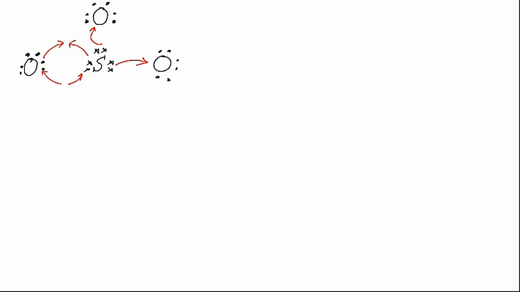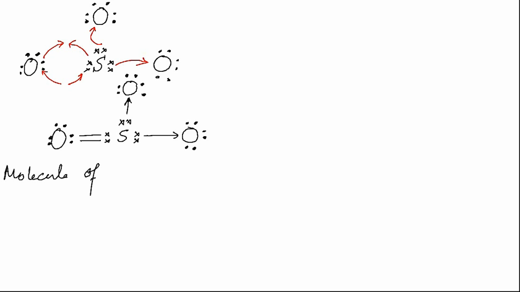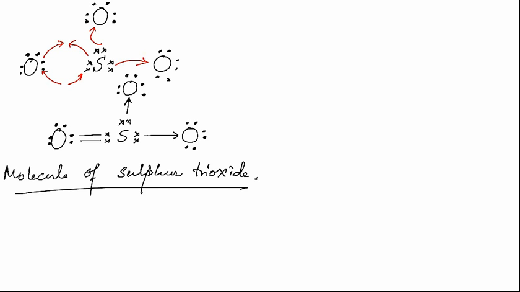So there is the formation of the sulfur trioxide molecule ultimately. So this is the molecule of sulfur trioxide. I hope you have understood how the formation of sulfur dioxide and sulfur trioxide can be explained.